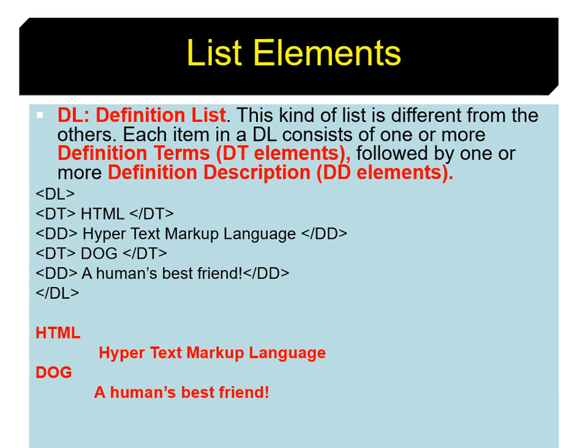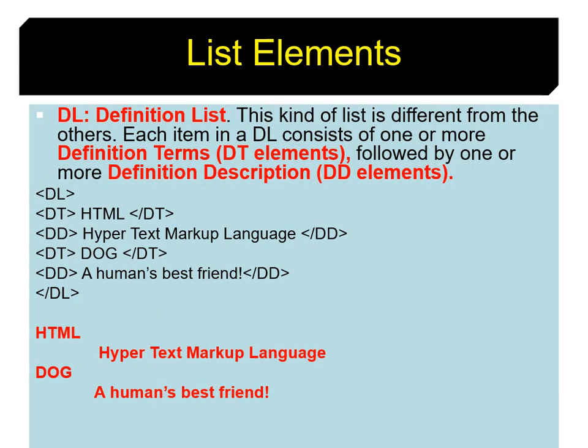Within each list, you have a term and the definition of the term. For example, think of a dictionary. When you look up a word in a dictionary, you have the word, and then underneath the word, in an indented manner, you have the definition of the word. This is exactly the same.